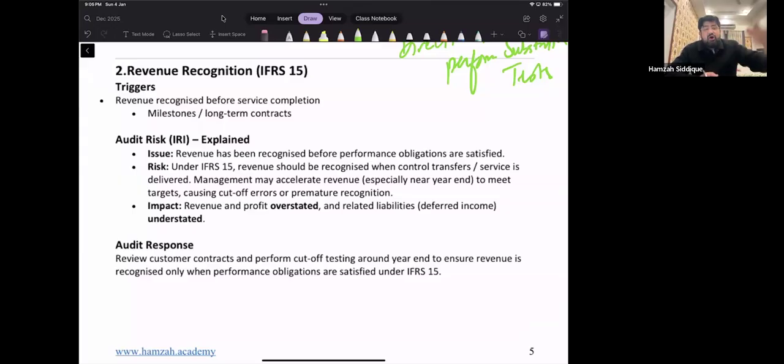Because the performance obligation has to be done. The contract has to be performed over 1 year, 2 years, 3 years. Money is being received now. It should be recorded as deferred income and recognized over time when the performance obligation is satisfied.